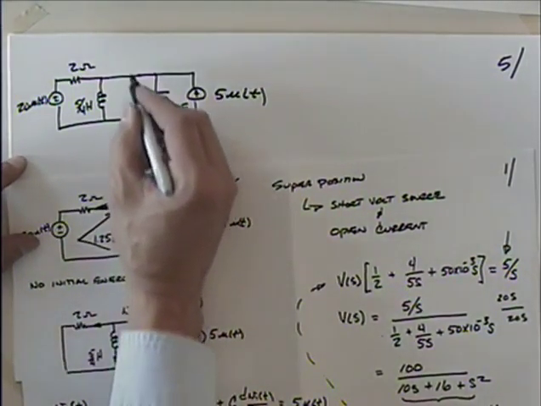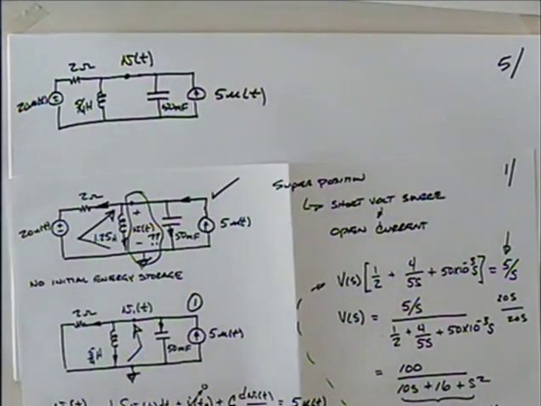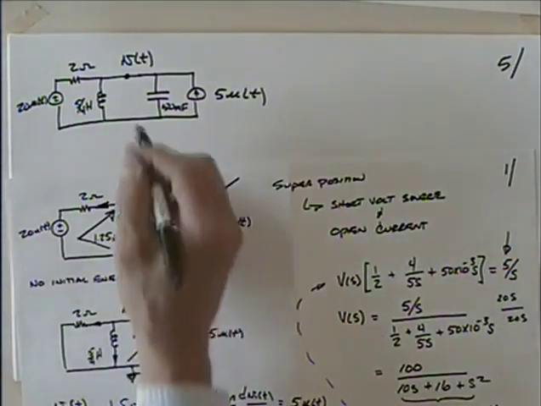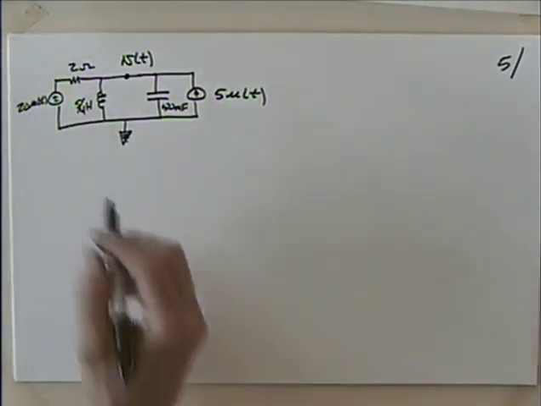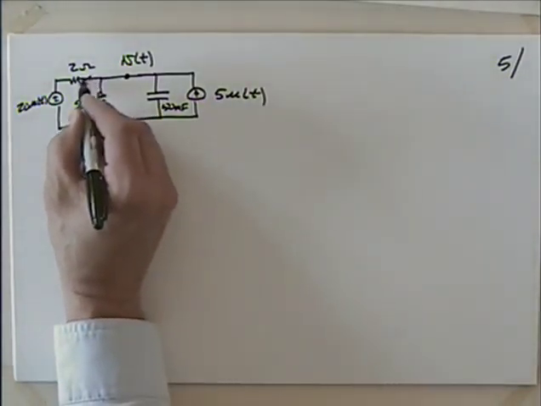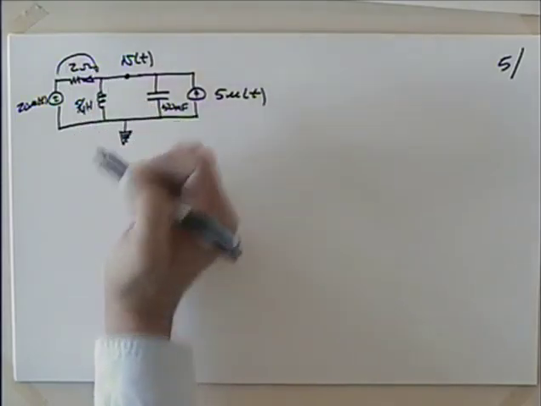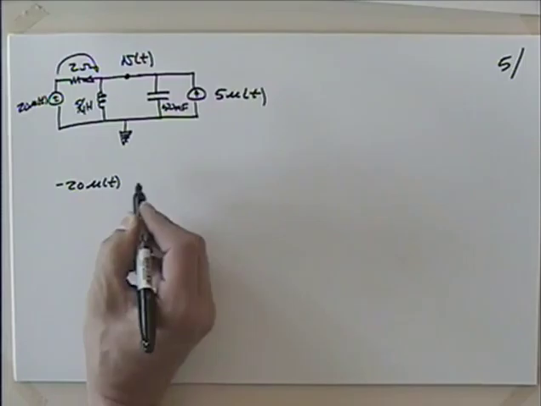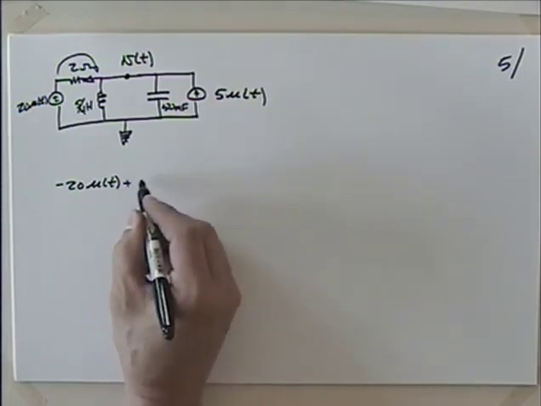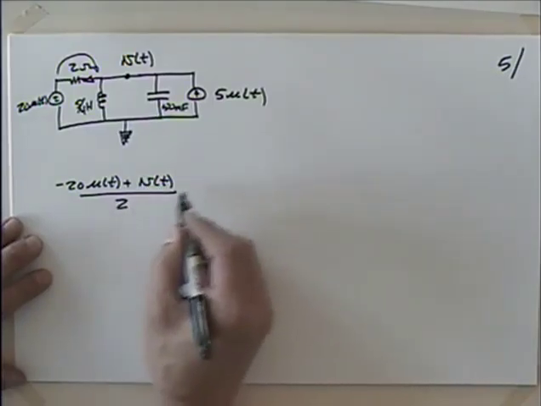So if we're looking at this voltage, I would just call this V of t. You can call it V1 or V2, but it's not going to be the same V1 or V2. It's the sum of those, V of t. Take this as your reference here. And when you go to write your node equation, you're going to look at this one here. So you're going to have to find that voltage, right? So you have minus 20 u of t plus v of t divided by 2.